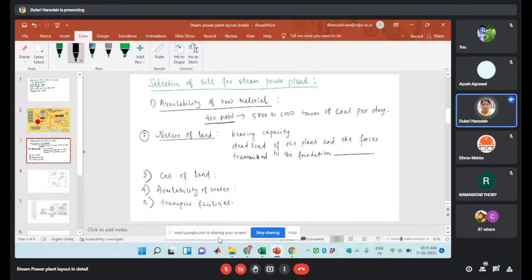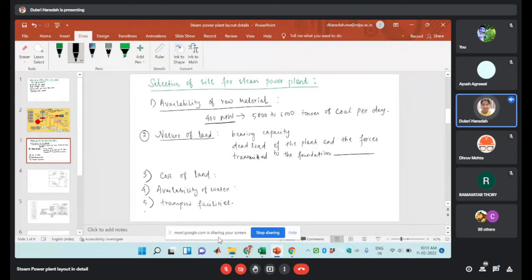Generally, railway transportation systems are mostly used in case of a steam power station or thermal power station, to bring the heavy machinery for the installation and to bring the fuel or coal to the site.